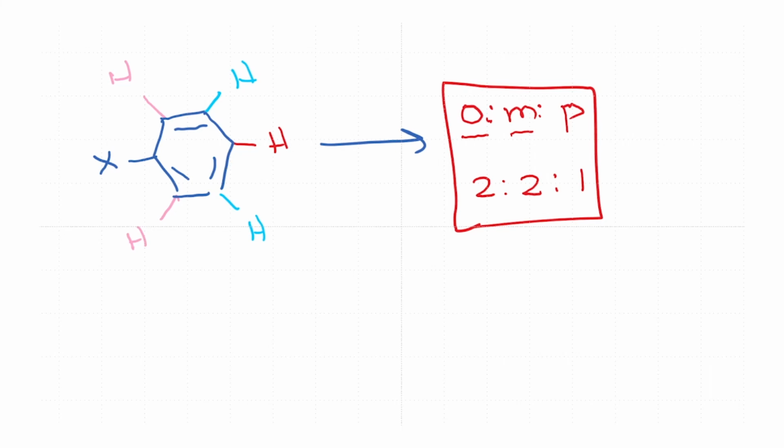Okay, so now we'll try and understand what this process is, and the way we understand it is, let me again draw out phenol, and so this is the OH. Now I'm just going to draw some resonance forms.